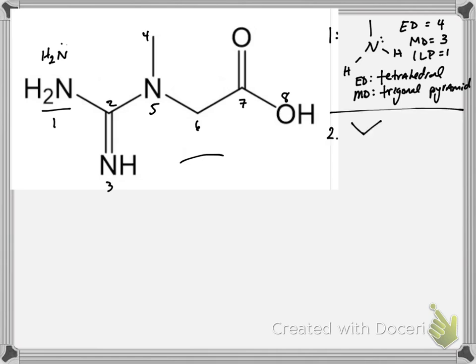Let's look at 2. 2 is a carbon atom with 3 domains. So 3 domains electronically, 3 domains molecularly, so this is trigonal planar.